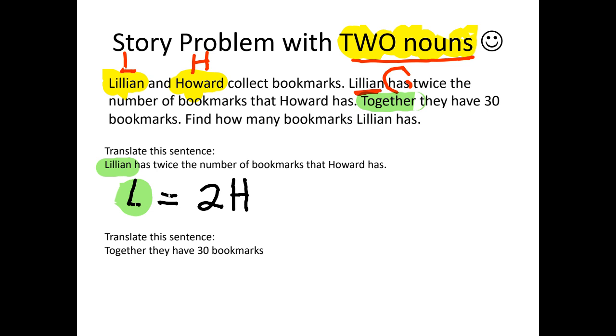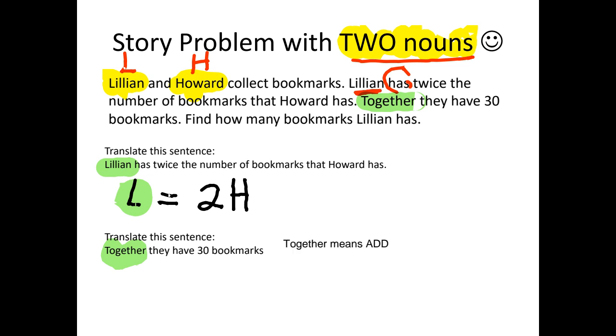This is what the first sentence means. Lillian has, that's an equal sign, twice the number of bookmarks that Howard has. That's sentence number 1. Now, notice what we have again. Together, okay? Together means add.